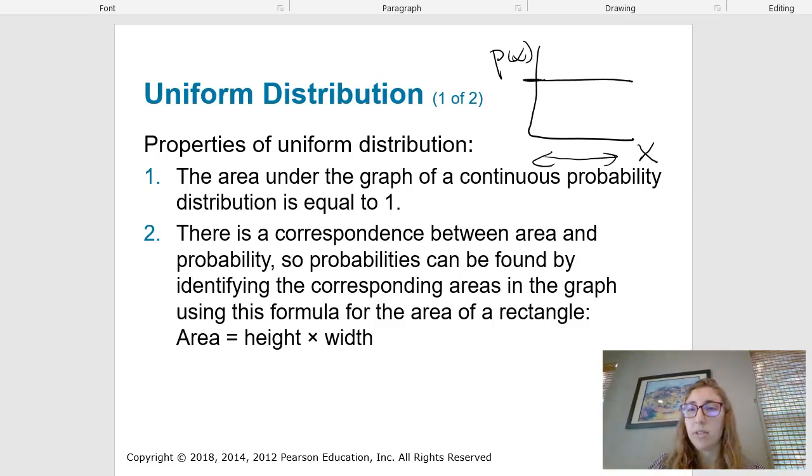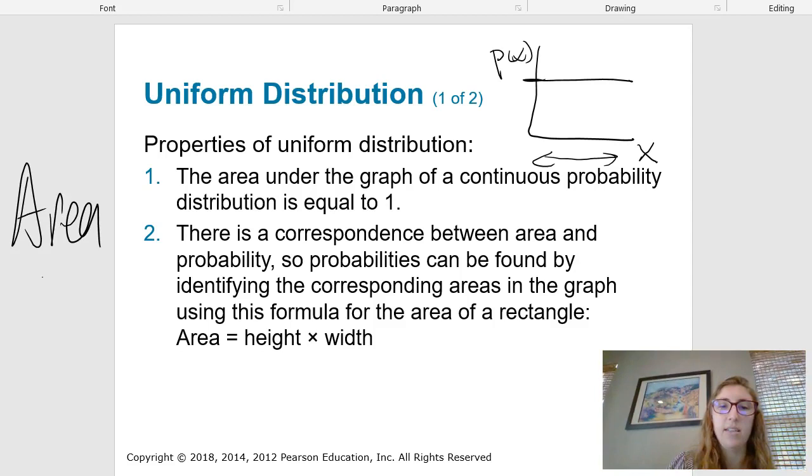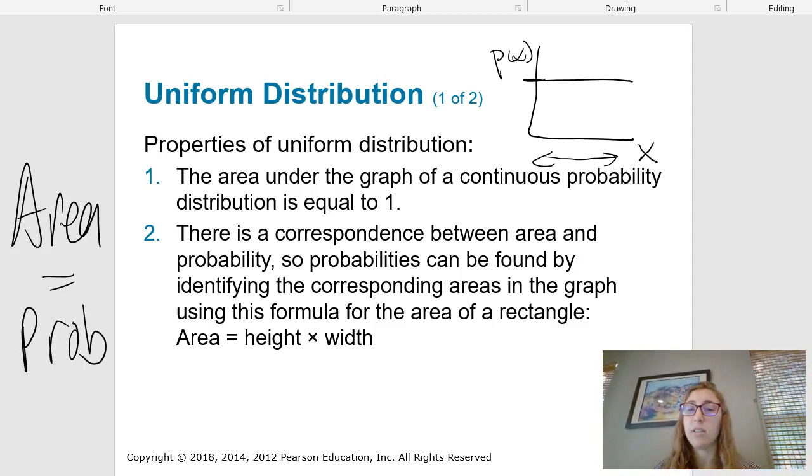Whenever we're looking for probabilities, well, in general, for any type of distribution, standard normal, normal distribution, uniform distribution, we know that our area is equal to the probability. So when we are looking for probabilities, we need to find areas.